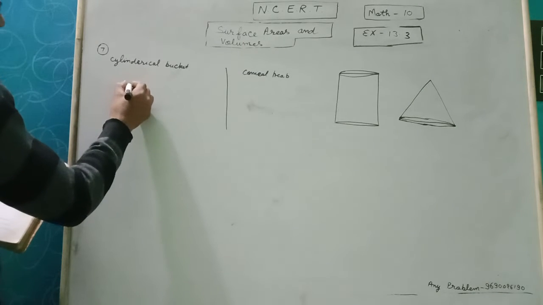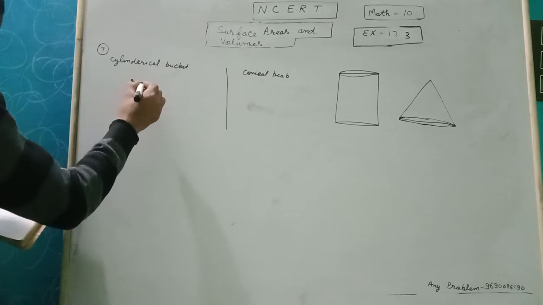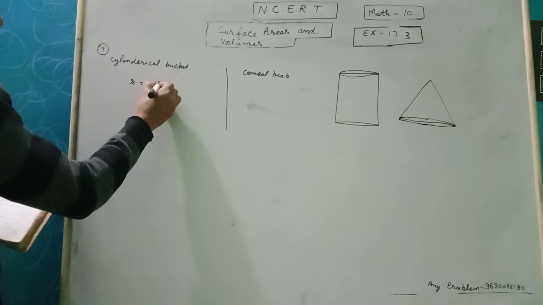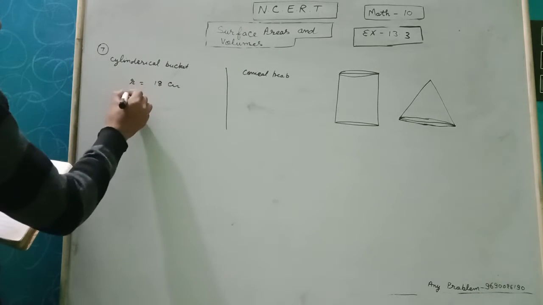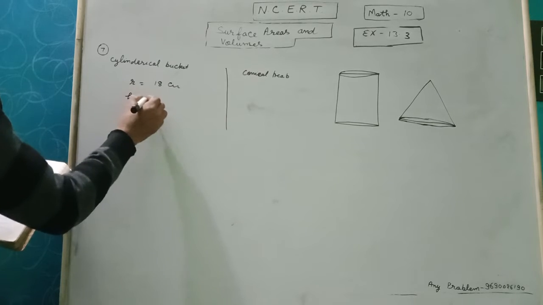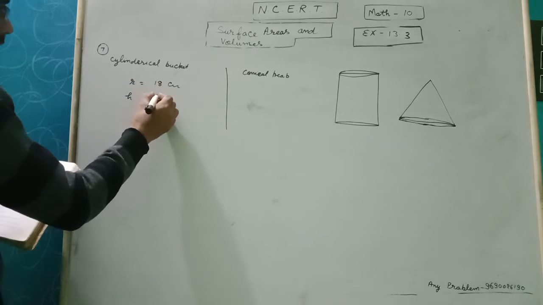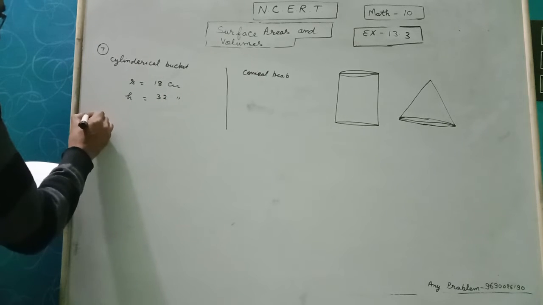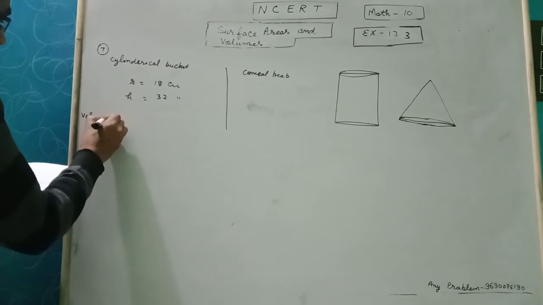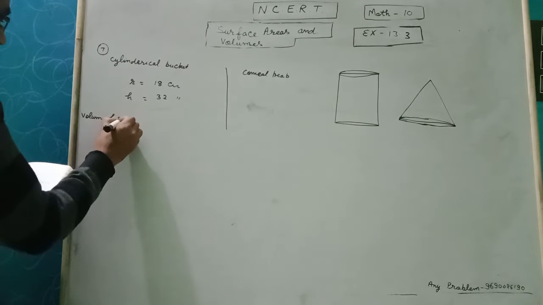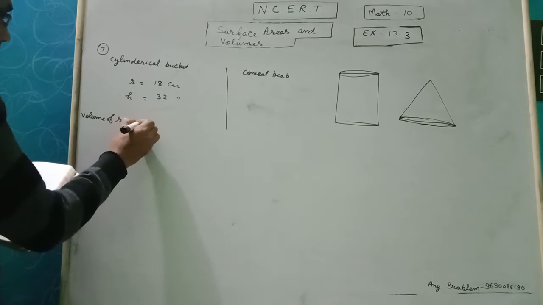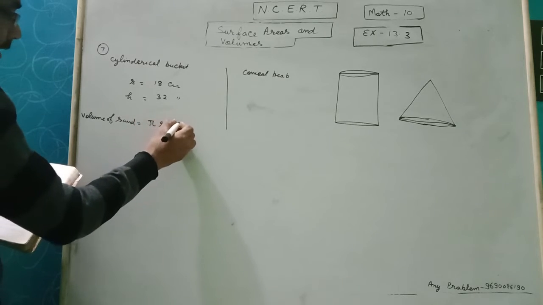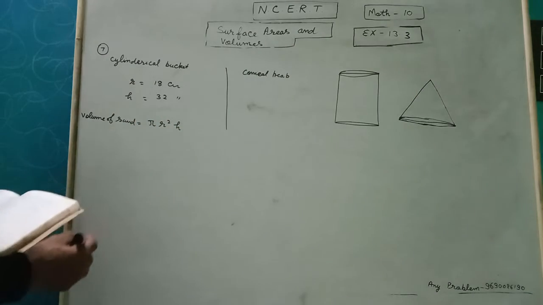Radius of the bucket, r is equal to 18 cm. Height of the bucket is equal to 32 cm. Volume of sand is equal to pi r square h, that is the formula.